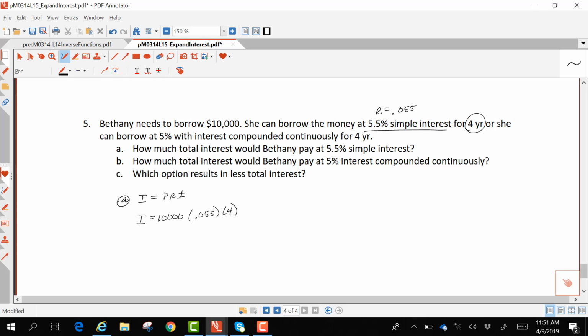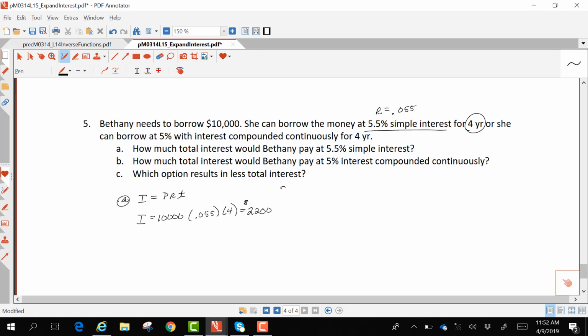Interest is the amount of money that she's going to owe the bank in addition to the $10,000 because they took the risk of permitting her to take that money from the bank over a period of 4 years. So what she's going to owe the bank on top of her original $10,000 is interest, which is $2,200.